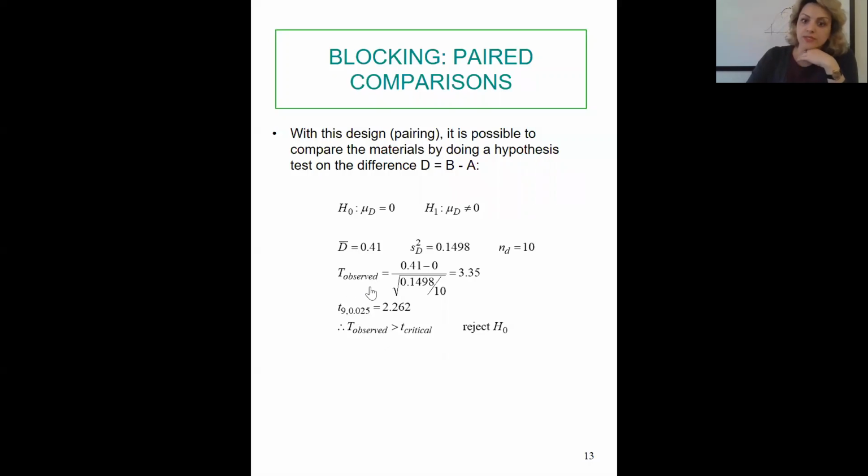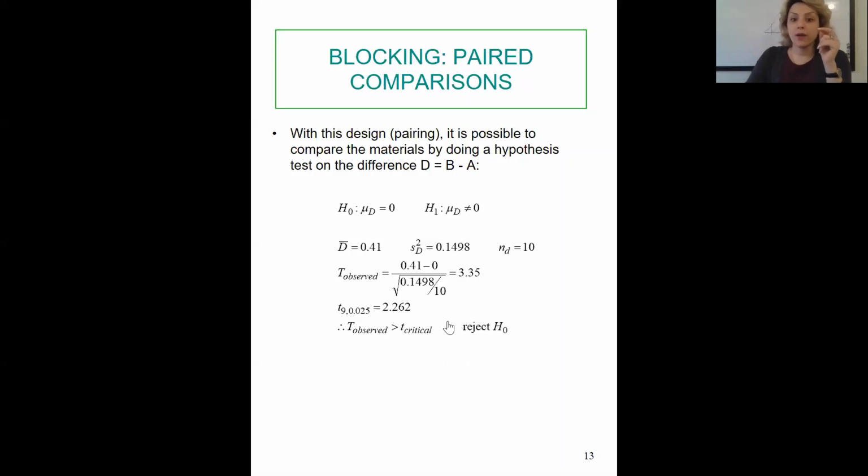We calculate the T observed here. When we find the T observed, because we have the variance, we want to find the standard error. So it's going to be the square root of the variance divided by the number of observations that we have. And then for T critical, we have 10 data points, right?